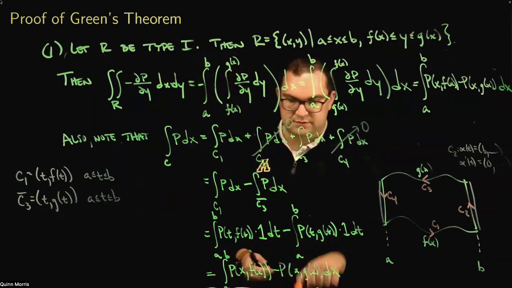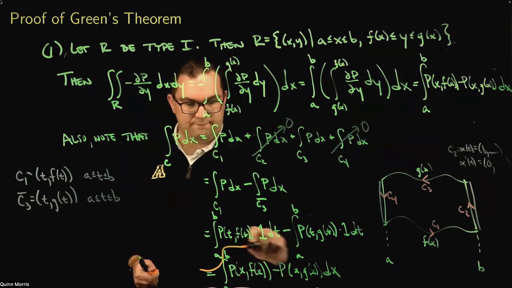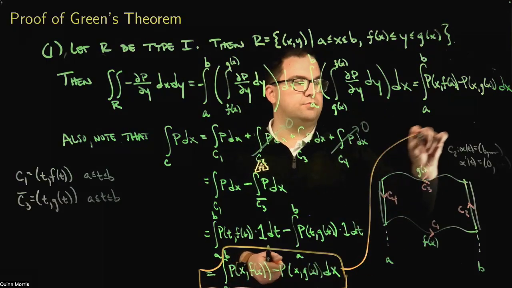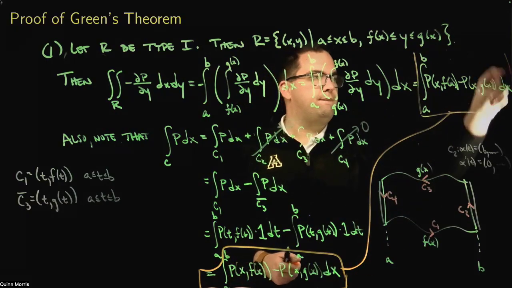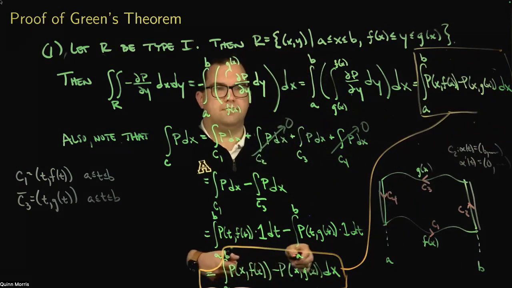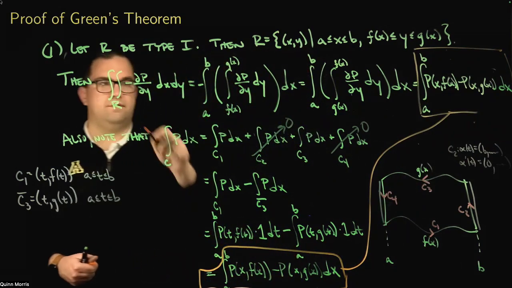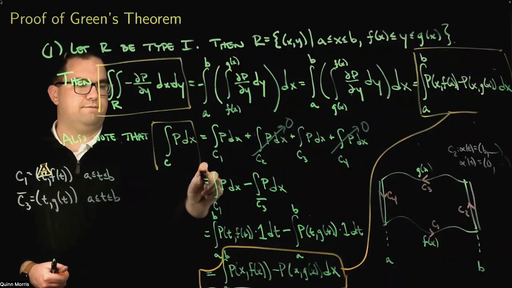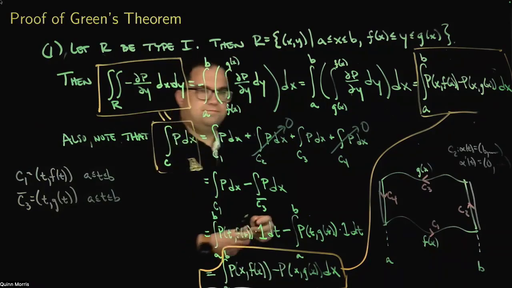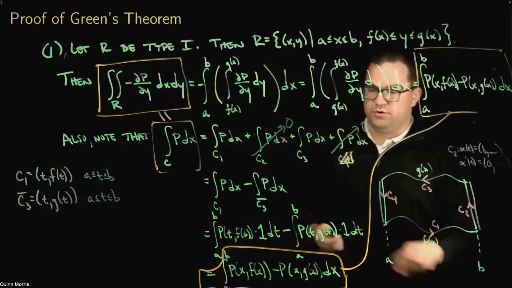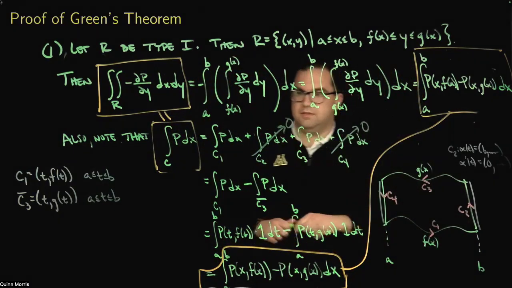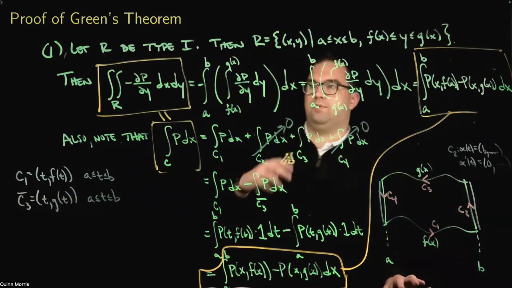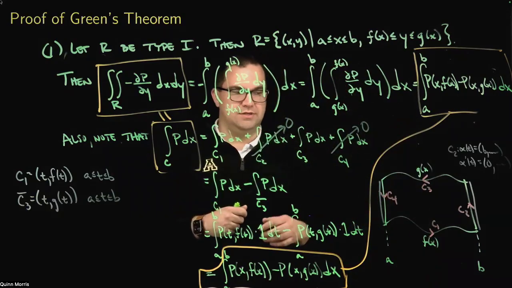And now we notice that this is exactly the same expression we got up here, right? And therefore, we have that this is equal to this. Okay. So this is the first of those two formulas that we want to establish. Okay, so we get this by using the type oneness of the region, essentially.